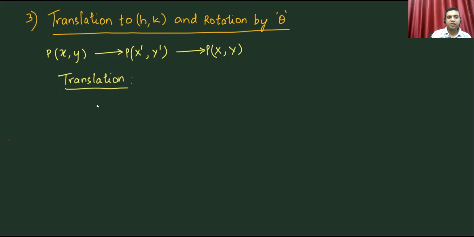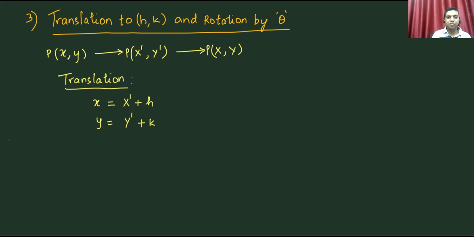In translation, the old coordinate x is the new coordinate x dash plus h, and y is y dash plus k, based on the previous result. Origin of the coordinates is shifted to h comma k. So this is the transformed coordinates.